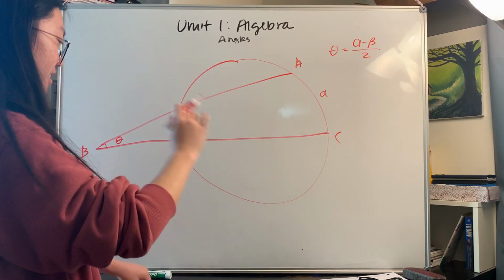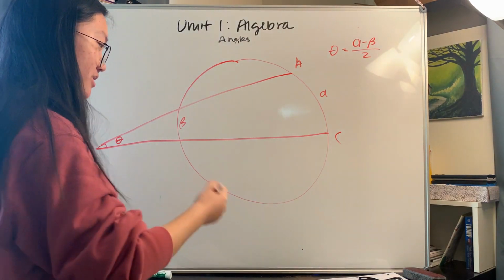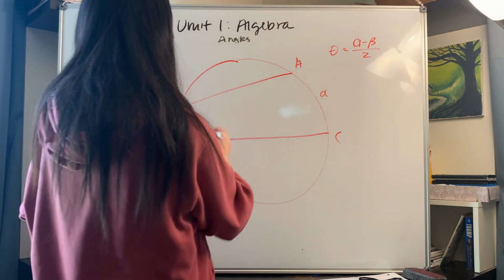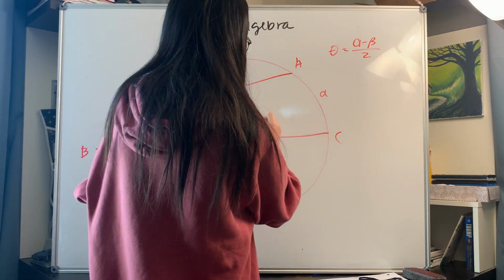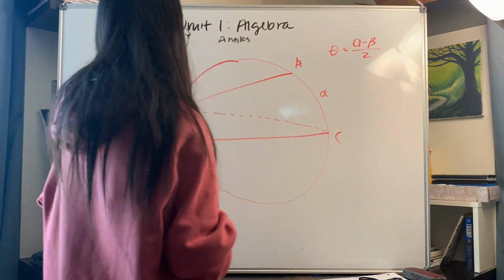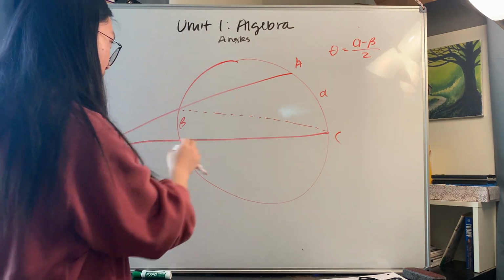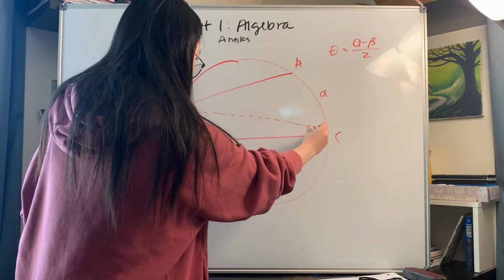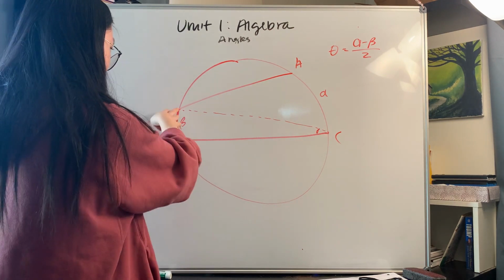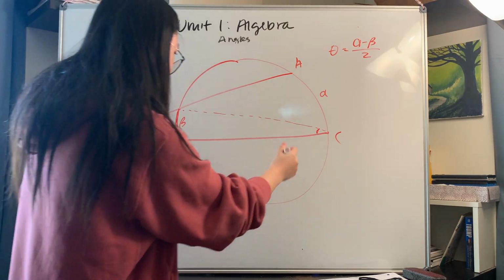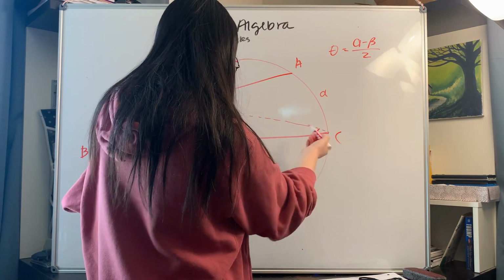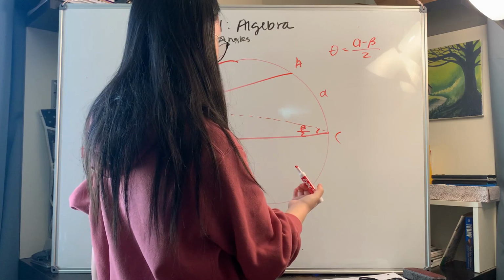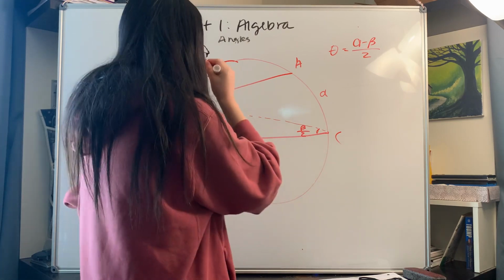So first, and this is kind of important, you'll realize that when you're doing these kind of proofs, sometimes you just have to add an extra line to make your life easier. And I'm going to draw this line right here. So what do we know from this? Well, this is an inscribed angle, and it intercepts this arc, arc B. So that means that the measure of this inscribed angle is equal to B divided by 2, or beta divided by 2, I believe that's what it's called.